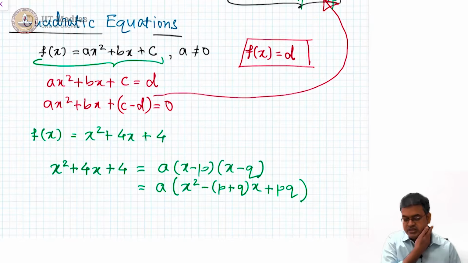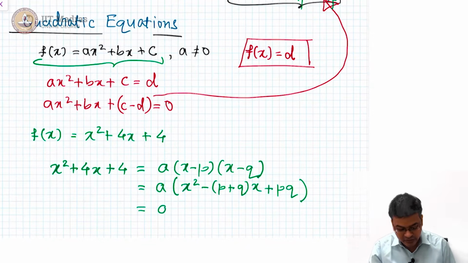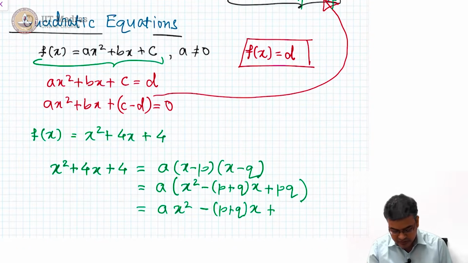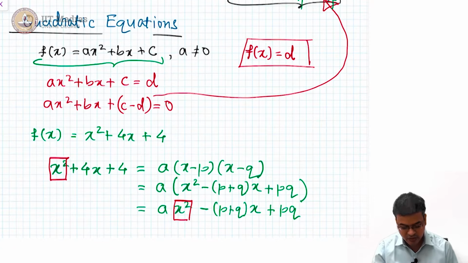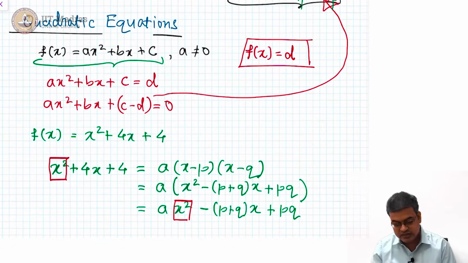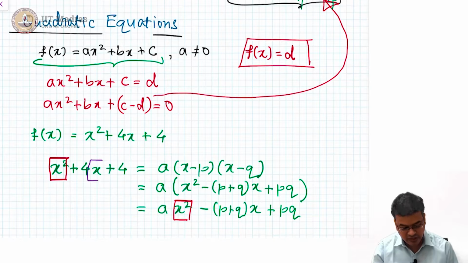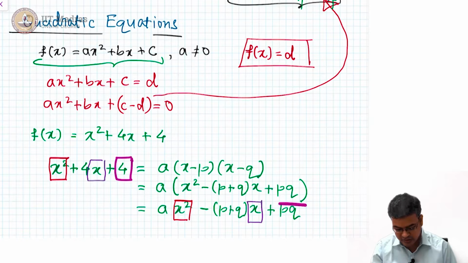Now you remember this is a quadratic function. So when I want to equate this function, I need to go on a term by term basis. I will consider the coefficient of x square and equate it with the coefficient of x square. I will consider the term of x and equate it with x, and I will consider the constant term and equate it with the constant.